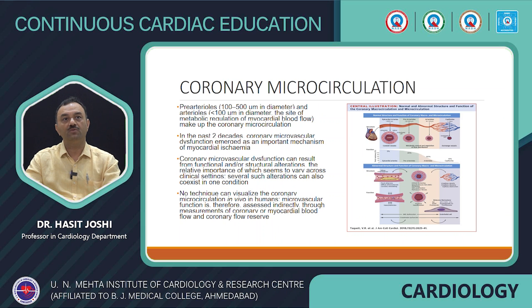Looking at the coronary microcirculation, it can be broadly divided into three compartments. One is the epicardial coronary arteries, which are the large conductance arteries from 5 mm to 500 microns.